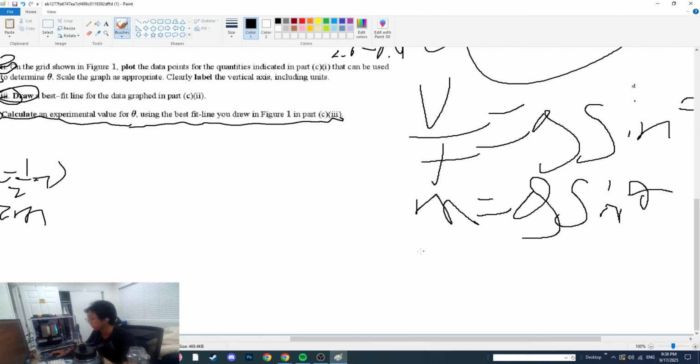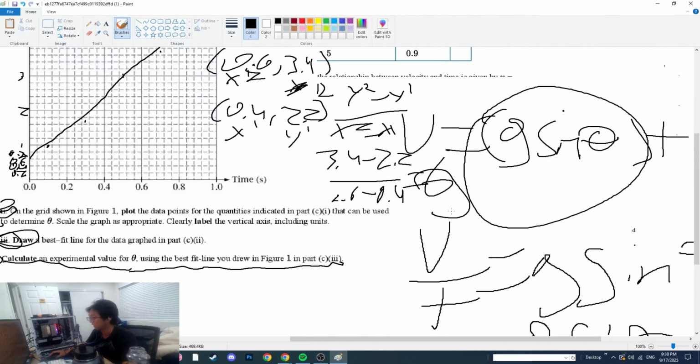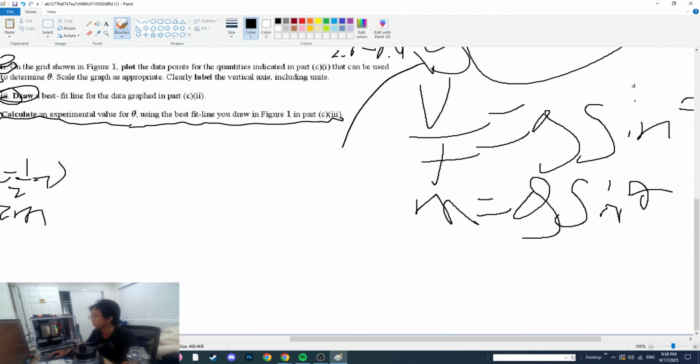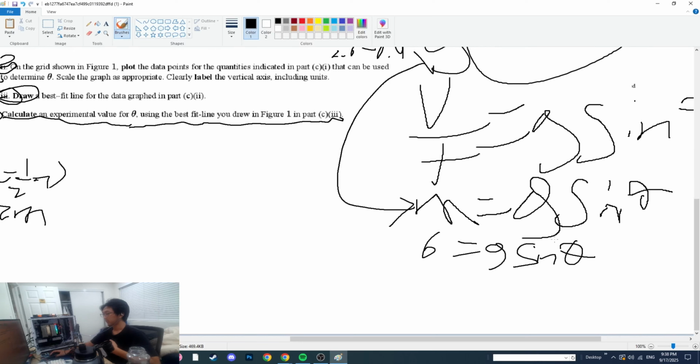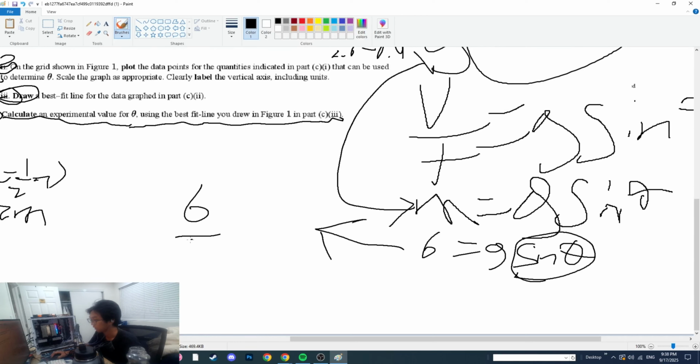So that means we can substitute this value into the m right here. And that gets us 6 equals g sine theta. And then we need to isolate this part, so we do 6 divided by g equals sine theta.